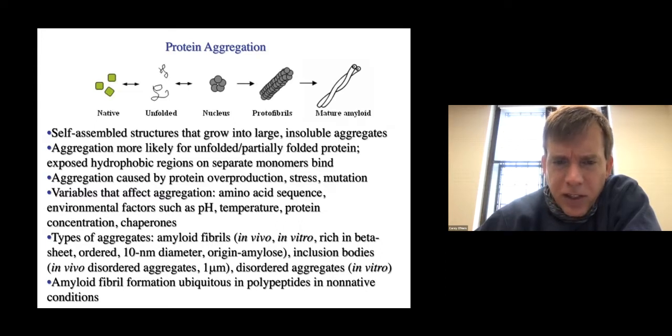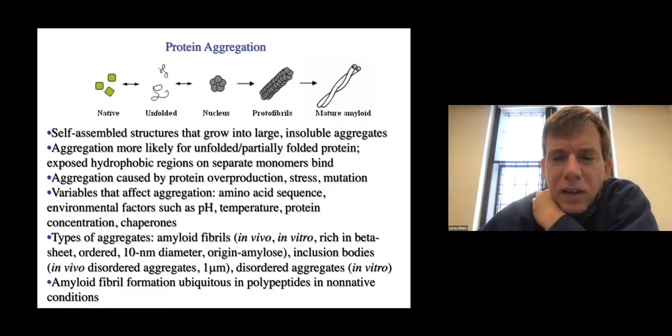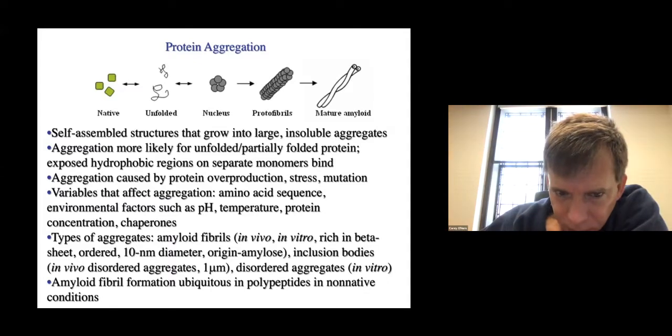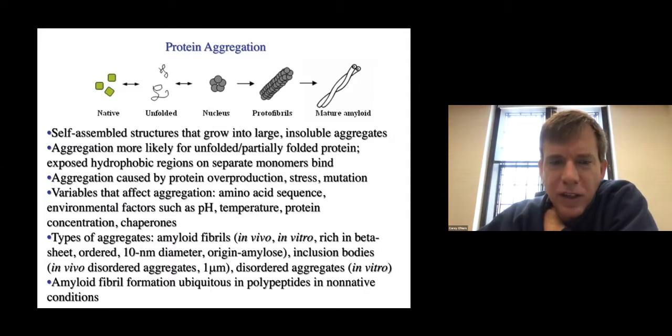Some terminology: amyloid fibrils can occur in vivo, and they can occur in vitro. For example, many of the in vitro assays involve polypeptides, and essentially most polypeptides can form aggregates with sufficient chemical denaturants.